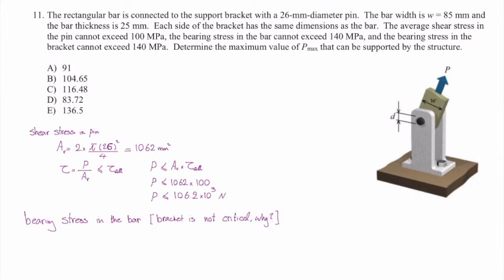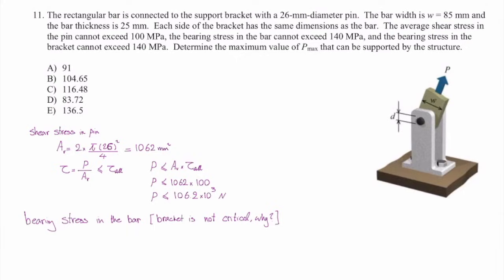Why I don't need to determine the bearing stress in the bracket? Look at the maximum allowable stress in the bracket and the bar. They are the same. It means that they are made from the same material. They have the same width, 85 millimeter. They have the same thickness, 25 millimeter.